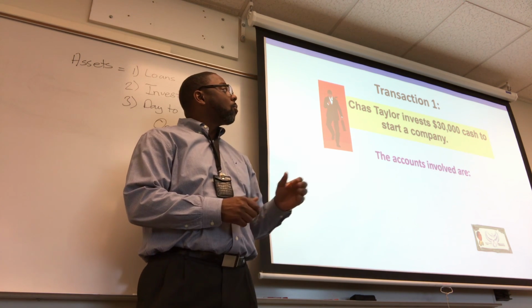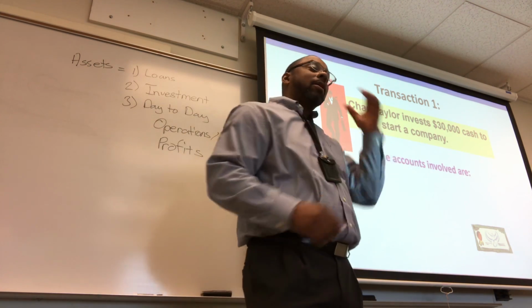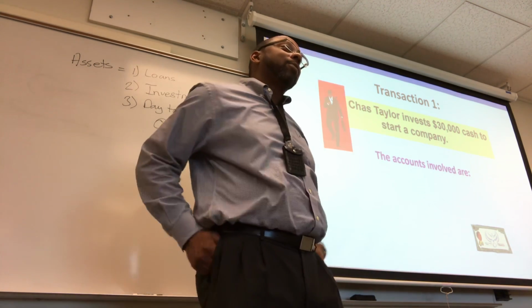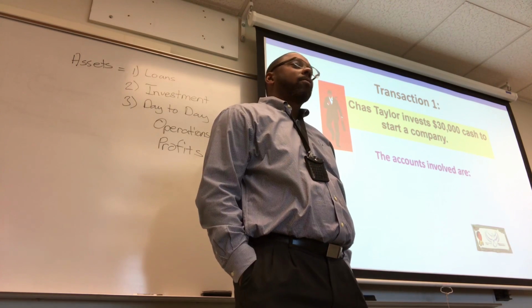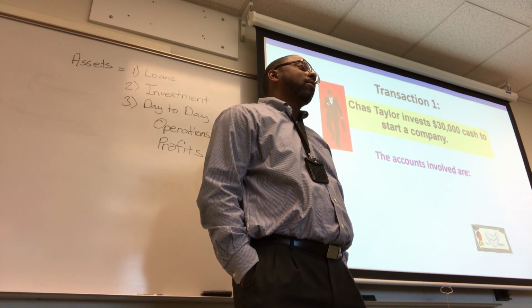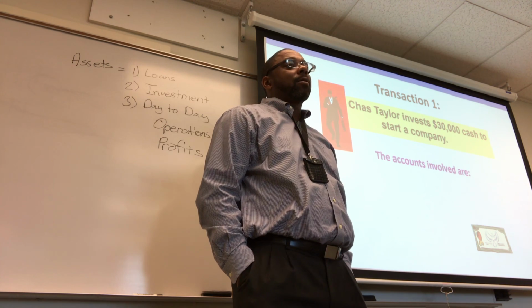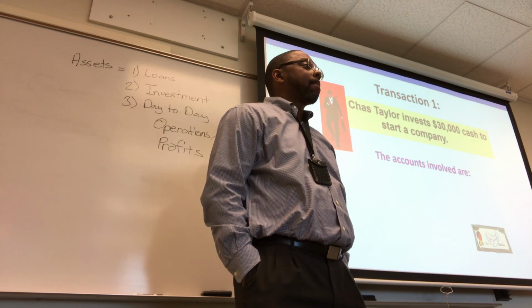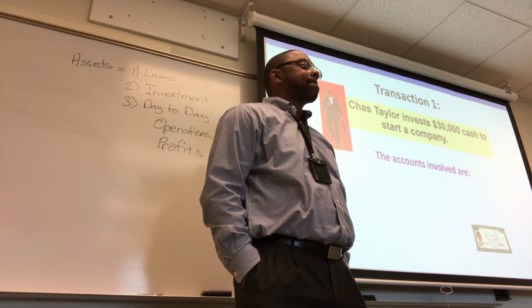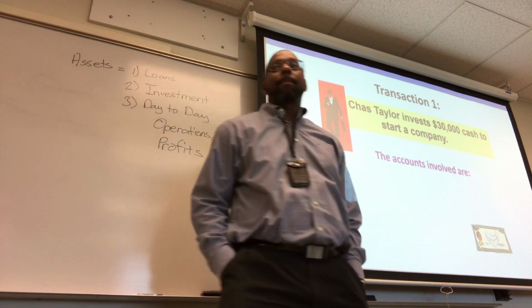Now, they use the cash to invest in the company. So does company investment increase or decrease? Increase. There's an increase in investment in the company. What type of account is investment? Contributed capital, right? Or an equity account.